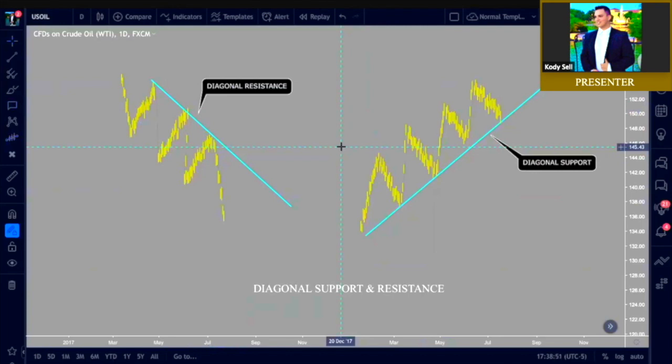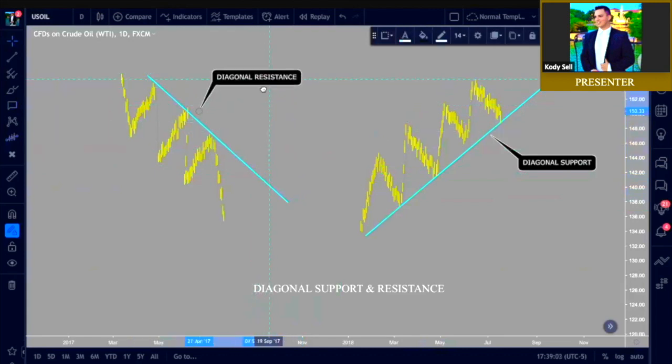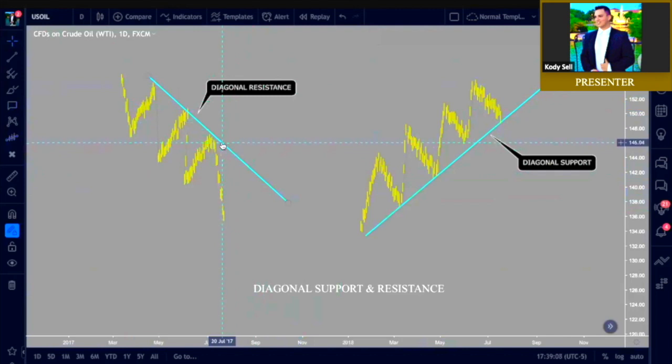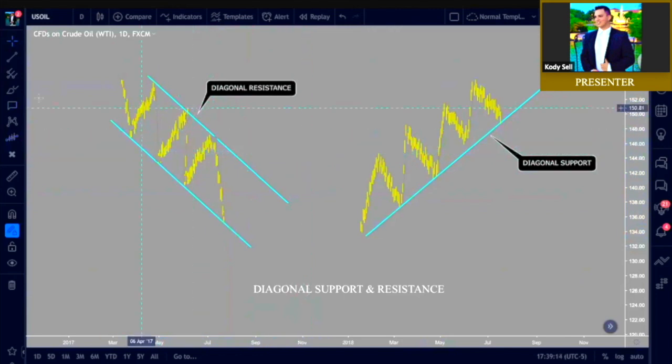Well, put real simply, price channels are simply diagonal support and resistance combined together.